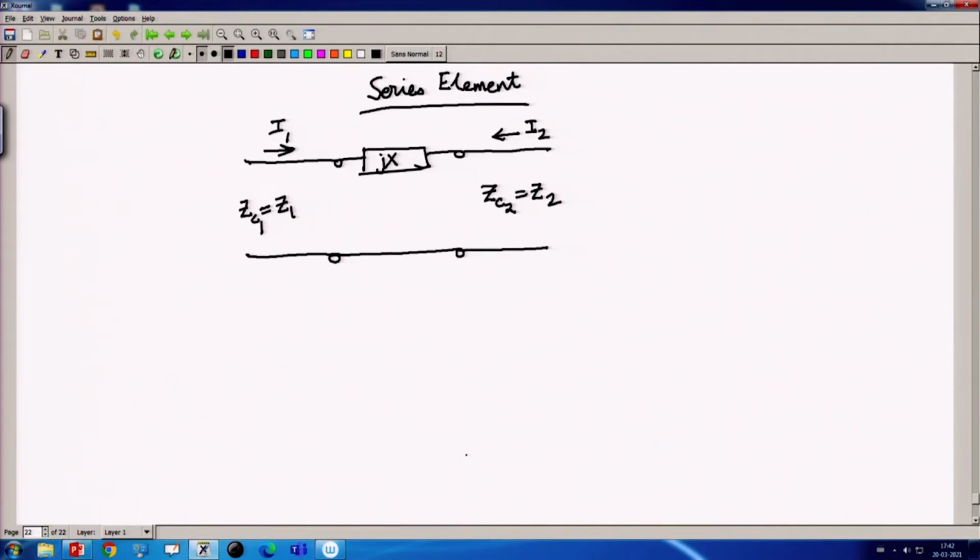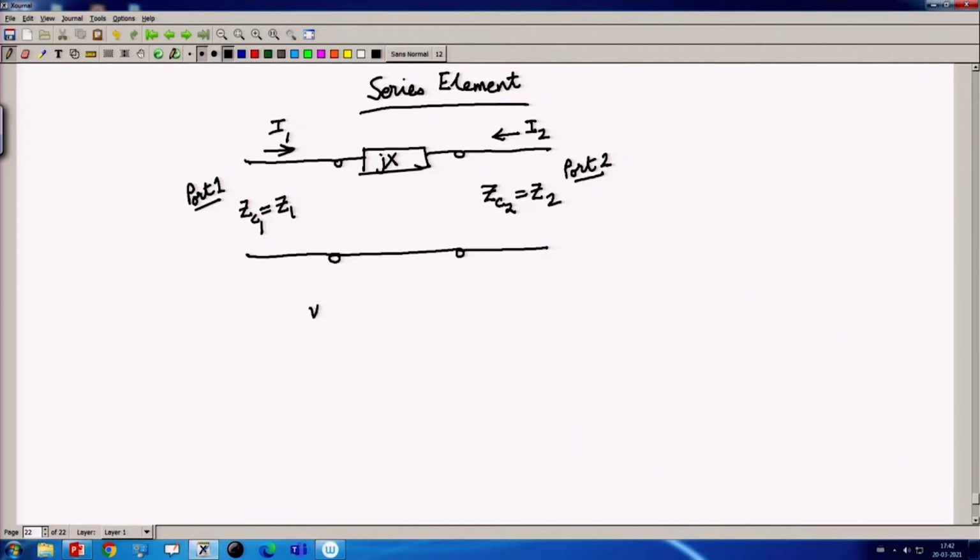This is the current I2. The left is port 1 and the right is port 2.